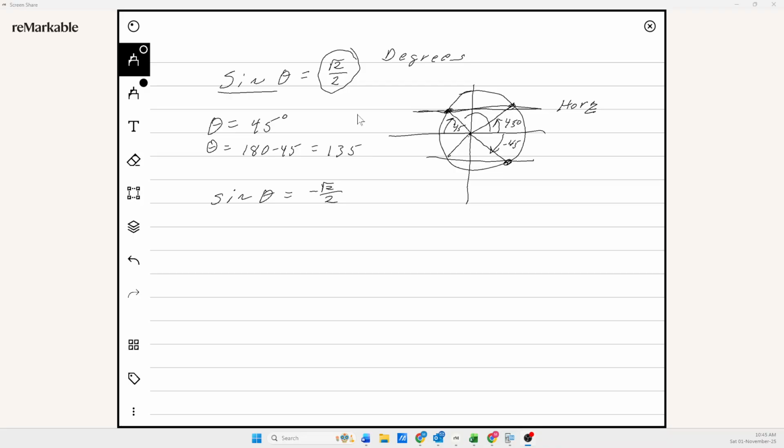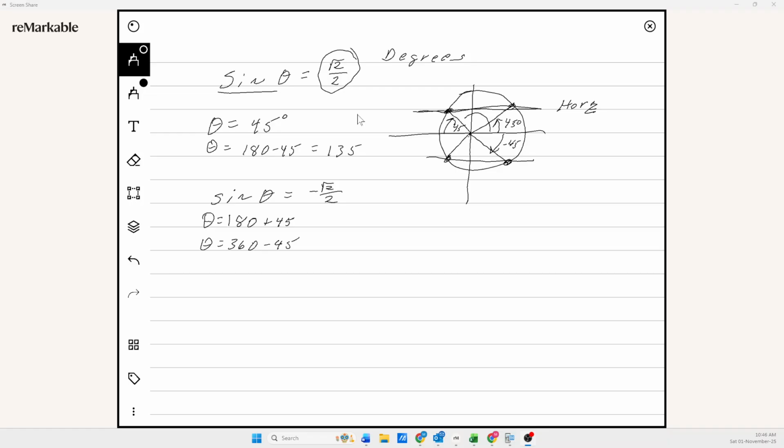They're both going to be here because we're negative in both of those sides, so theta is going to be 180 plus 45, and theta is going to be 360 minus 45, right?